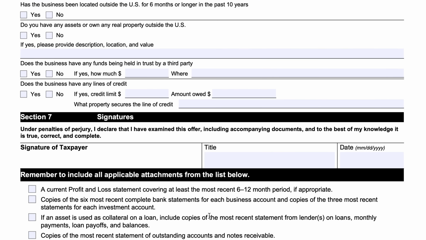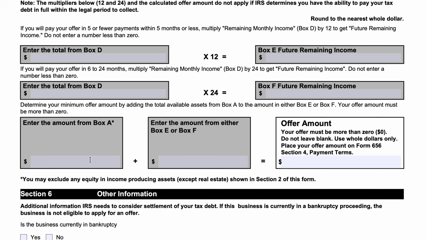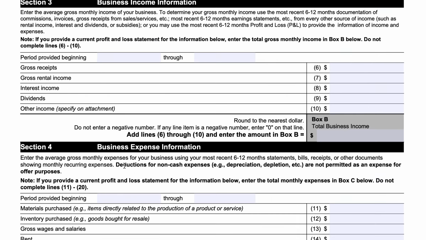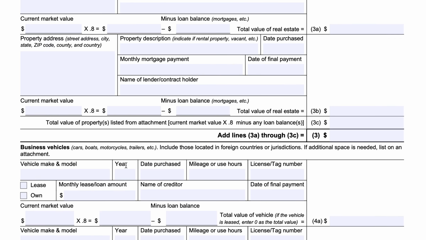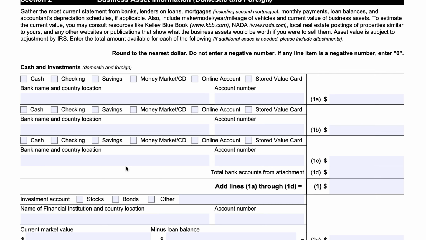So under that guidance, basically the calculation is informed by how much available assets you have. So the more assets you're representing to the IRS, the larger your offer amount is. And if you have fewer assets that are reportable, then your offer amount could be lower.